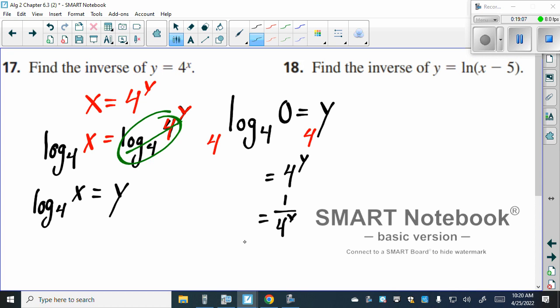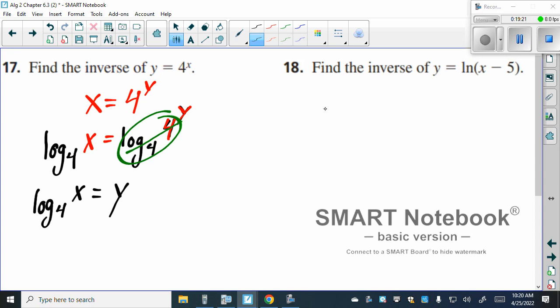The same thing is true with saying negative 1. There's no way for us to get this to be a negative. Because if the function can't get to 0, there's no way it can get to negatives. So the inverse of an exponential won't cross the y-axis, where the exponential itself won't cross the x-axis. It will have that asymptote.